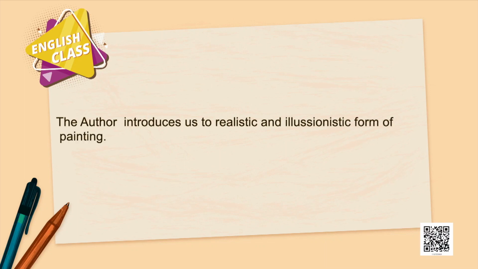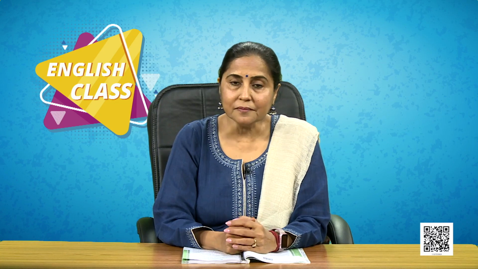But at the same time, the author introduces us to realistic, illusionistic form of painting, where a blacksmith paints a fly on the panel of a great painter, and that painter thought this was a real fly and he was swatting it. It didn't fly. So that was realistic. Now we start with the session.